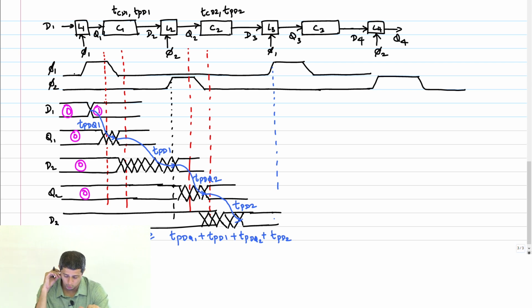Rising T_PD2 can change. It can actually change even later. But now I'm just imposing a constraint that I want it to finish in that cycle. Because there are cases later where I cannot do this time borrowing from the neighboring cycle. Technically there is nothing that stops me from making T_PD2 go all the way till this boundary. I can take it all the way till here.